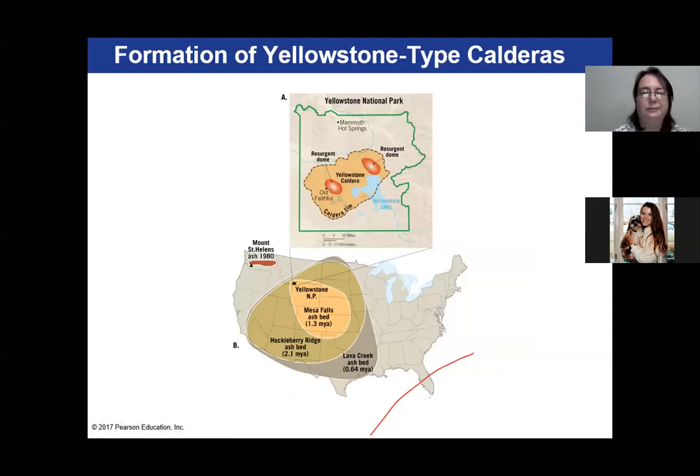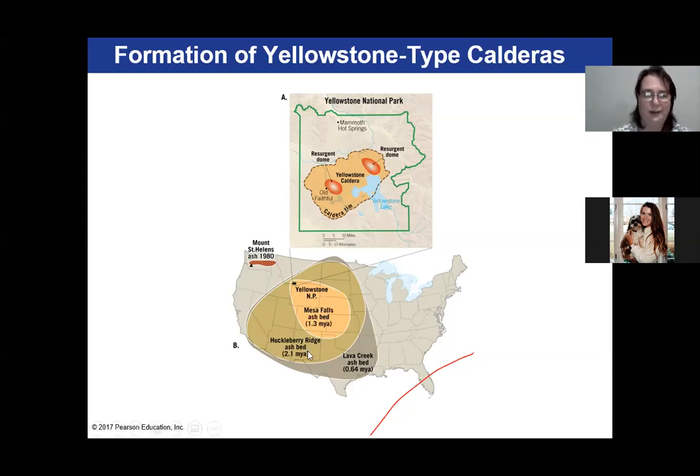Oh yeah, so here's Yellowstone. See how large that caldera is relative to the size of the park. Compared to the eruption of Mount St. Helens in 1980, you can see how far that material was thrown. So that was a very large amount of material.